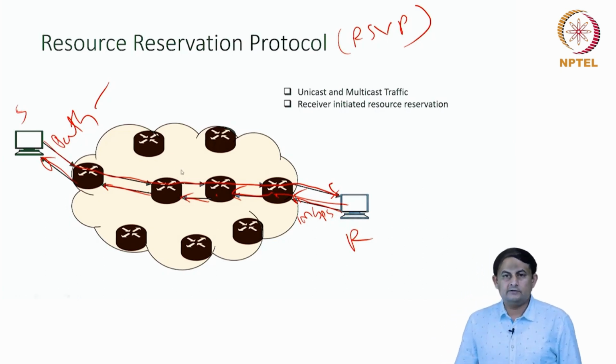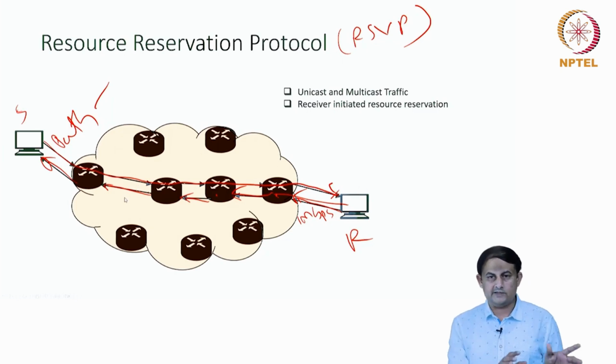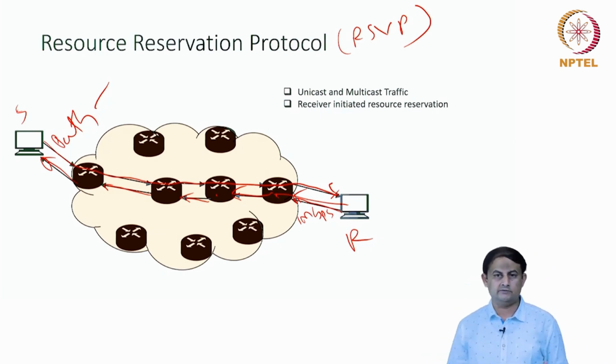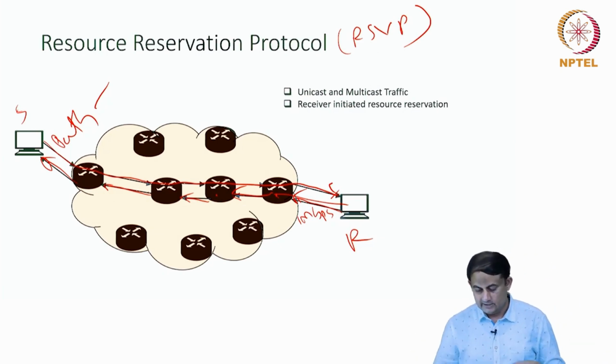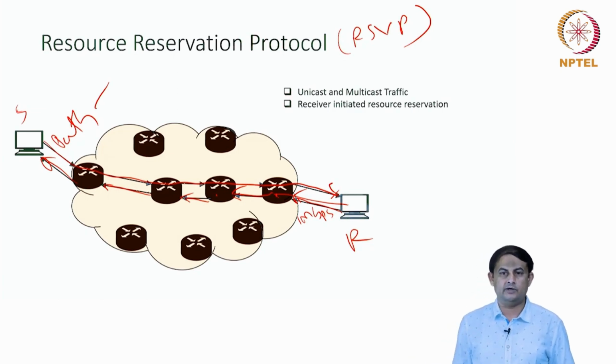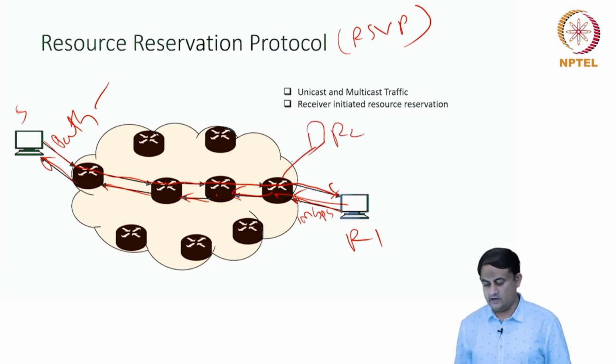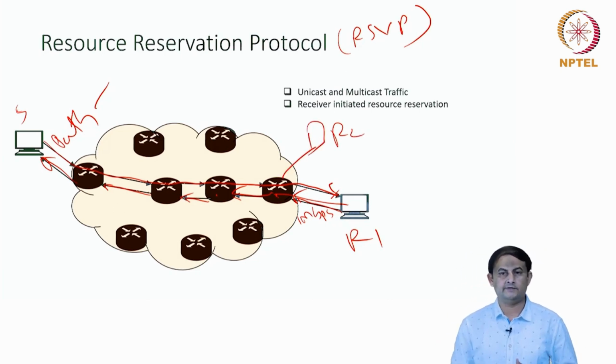An interesting thing about the resource reservation protocol is, although in this example there is a single sender and a single receiver, and we are trying to reserve the resources for that particular single transmission, it might also happen that more than one receiver is interested in the same conversation. Maybe I can call this R1, and another computer here, R2, is also interested in the same transmission sent by the same sender.